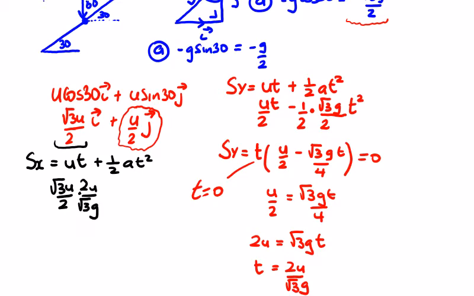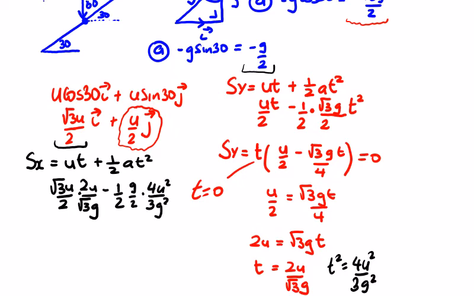Root 3g, and then the acceleration we said in the I direction was this minus g over 2, so plus a half by minus g over 2, so just put the minus in first, g over 2 by t squared. So t squared down here, if you want to write it out, t squared is going to be 4u squared, squaring top and bottom, over 3g squared times 4u squared over 3g squared.